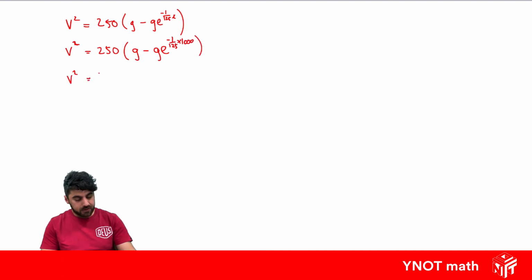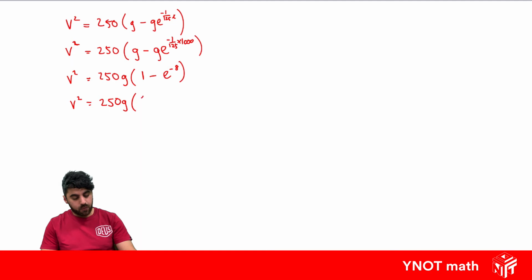We get v squared equals 250. We might factor out the g while we're here. We get 1 minus e to the minus 1 on 125 times 1000, which is just minus 8. And we'll get v squared equals 250g. We'll tidy this up.